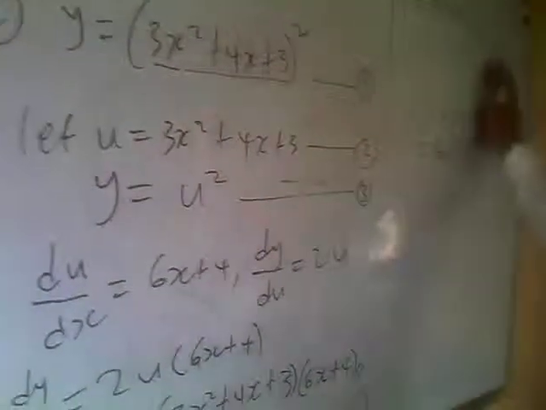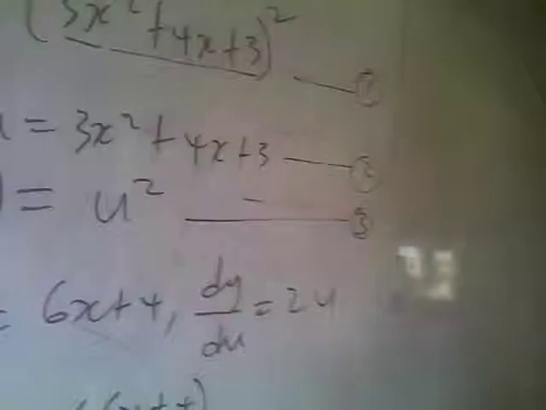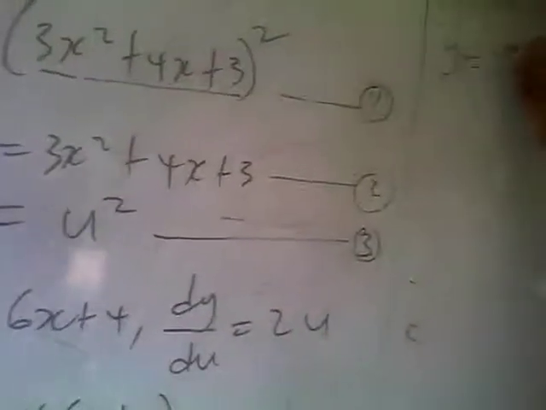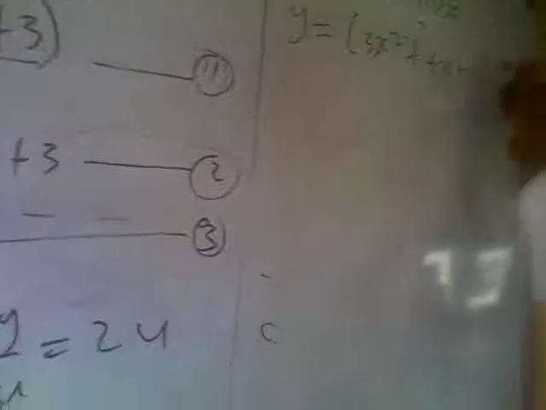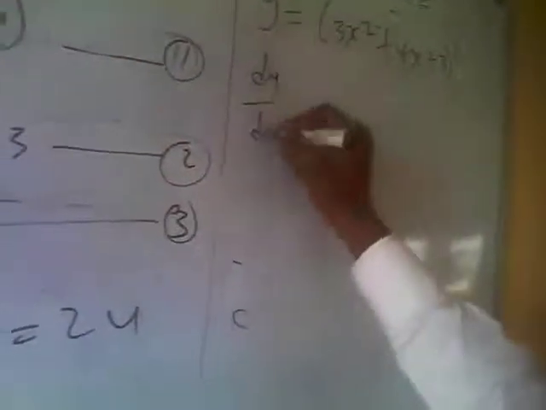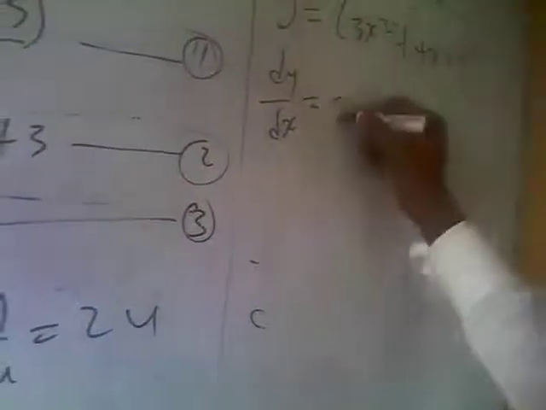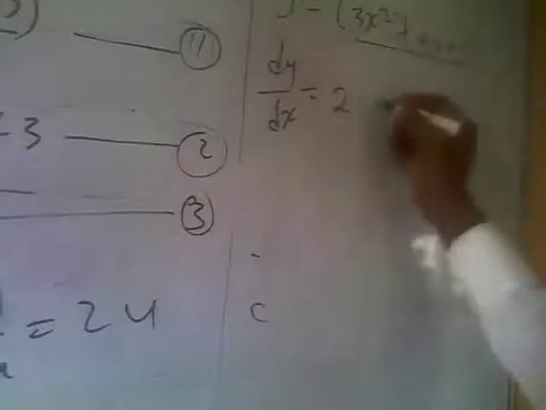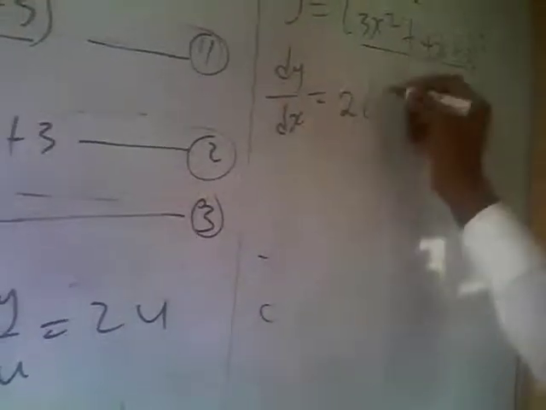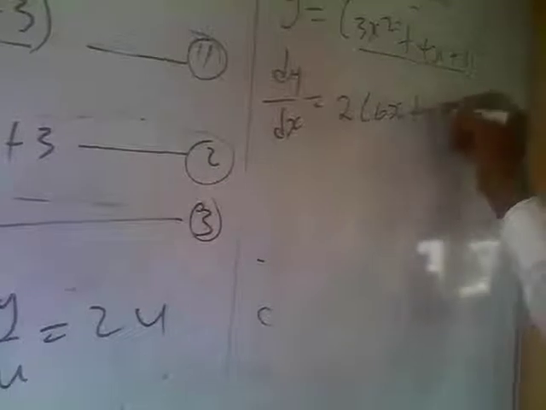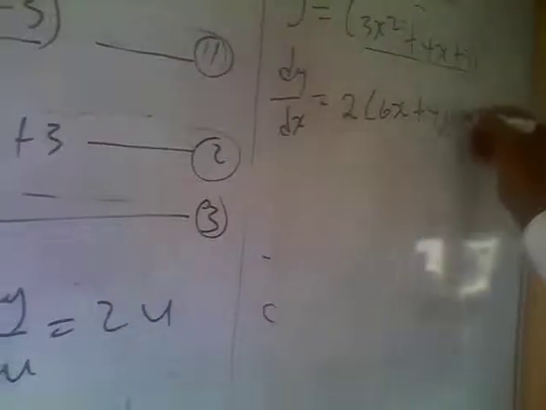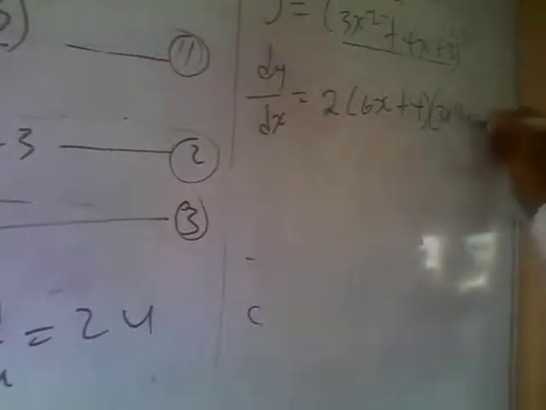Alternatively, if we have the question as y equals (3x squared + 4x + 3) all squared, dy/dx will be that we bring the power down to multiply the derivative of this function. We differentiate this, we're going to have 6x + 4. Then we repeat the bracket, which is 3x squared + 4x + 3.